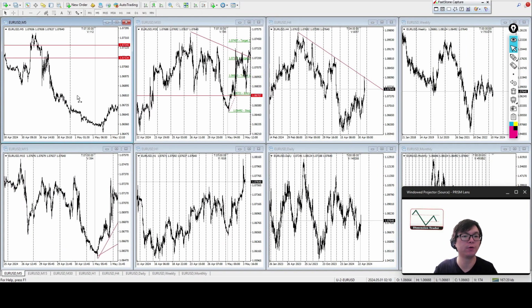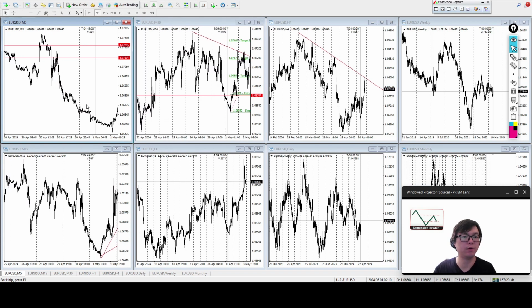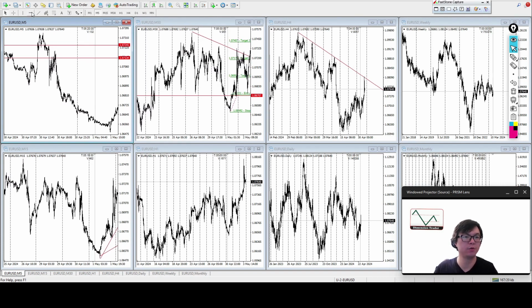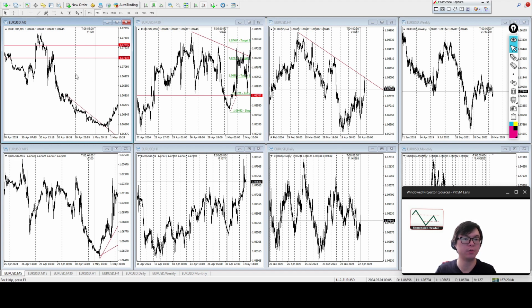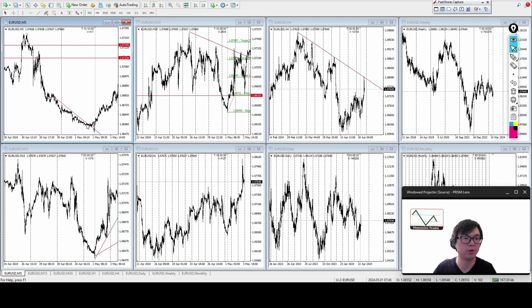Alright, right here there's a trend line, no break, nothing going on. Asian open, London section. Okay, right here is actually a setup that happens after Asian close.